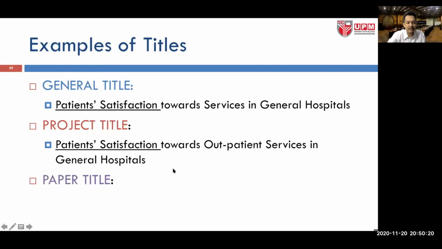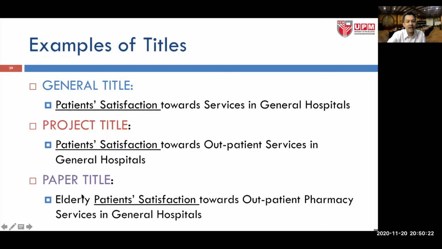And then, as an example for the paper title, you may want to zoom in even further. Who are the outpatients? You may say, we want to focus on elderly patient satisfaction towards outpatient pharmacy services. It's not just any other services.